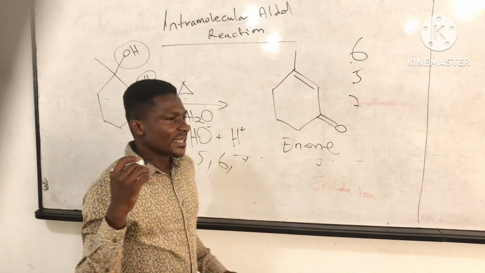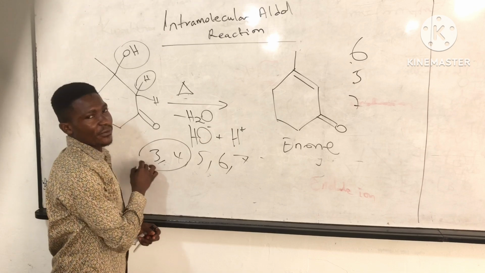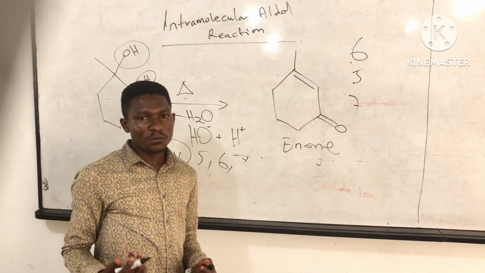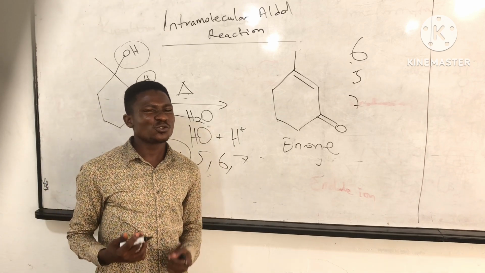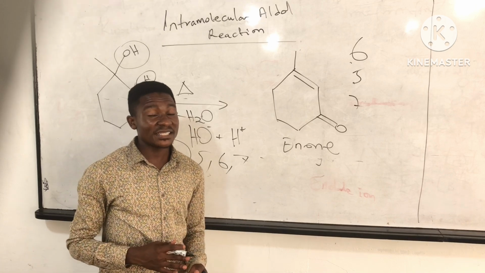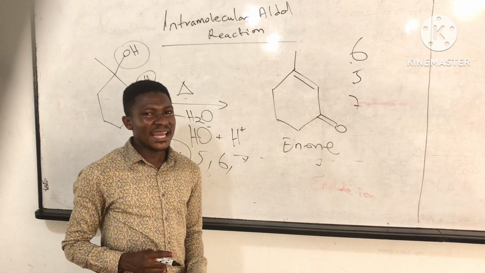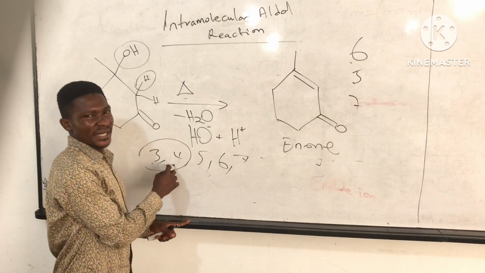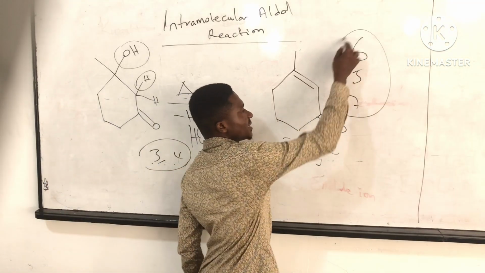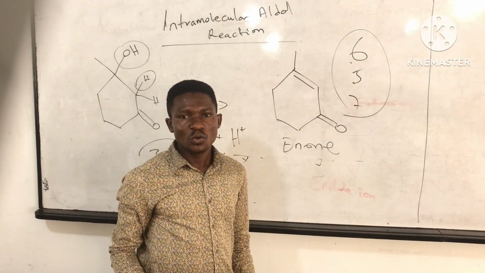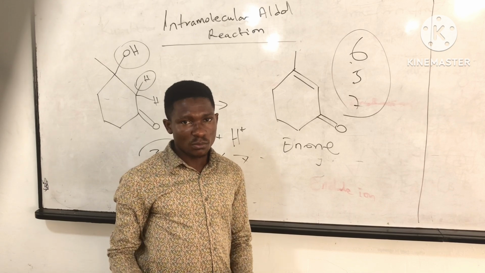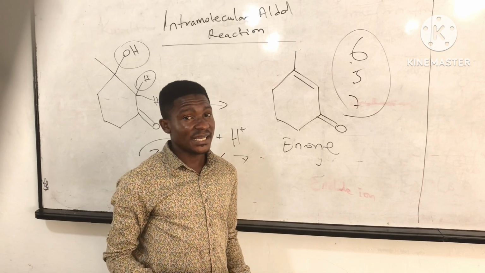The 3 and 4-membered rings are also possible. You can also form them, just that aldol reactions don't usually favor their formation, but it is possible. And anytime you form them, in addition to any of these rings, you know which one becomes more stable, based on what I just said earlier.